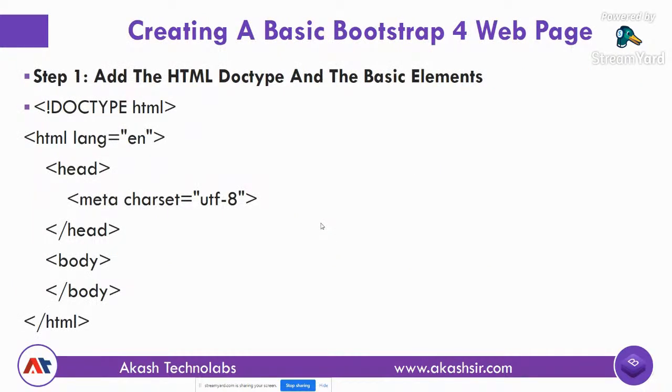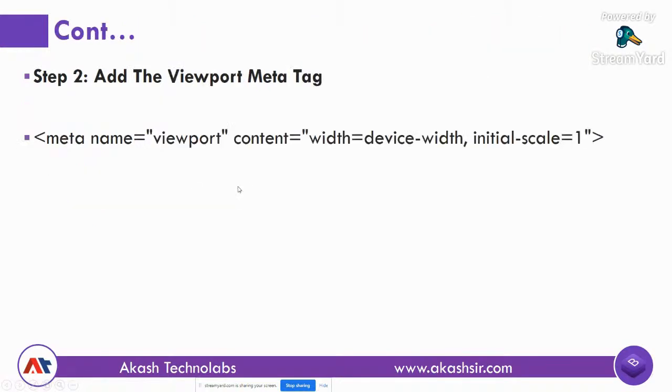So for that, we have to create a basic layout in Bootstrap. We have to write the basic HTML structure: doctype, HTML language. We have to specify that it is English, meta charset UTF-8. It will accept all the characters, Gujarati, Hindi, English, Marathi, etc. And then we have to write the most important tag, that is meta name viewport, and this will define your website width to be the device width and the initial scale to be 1.